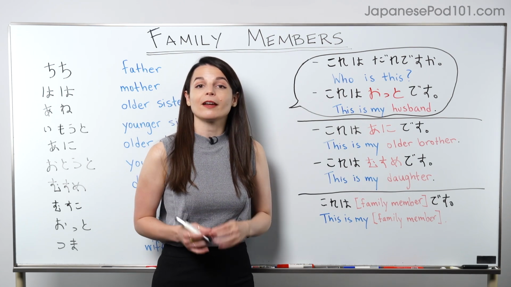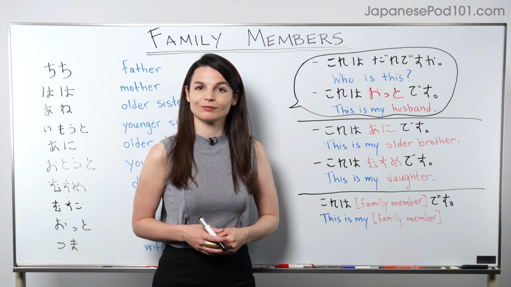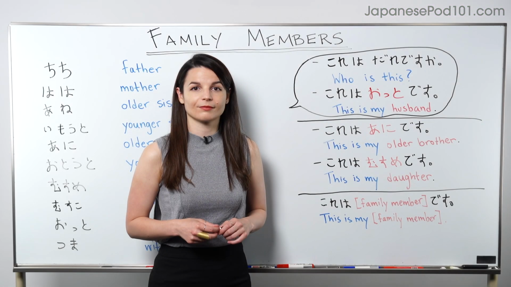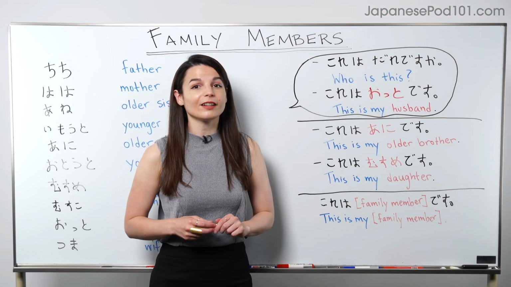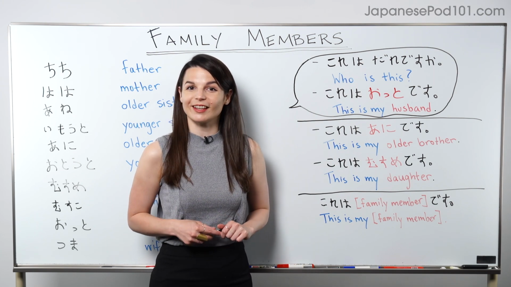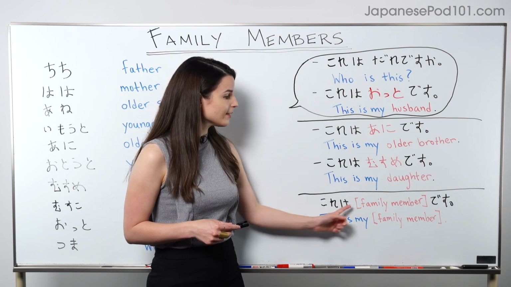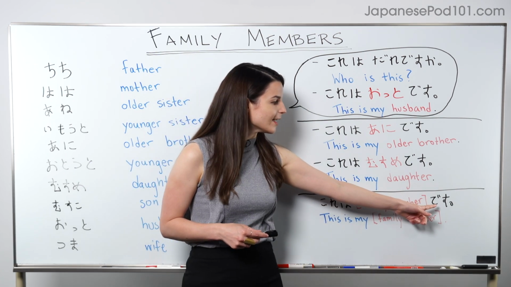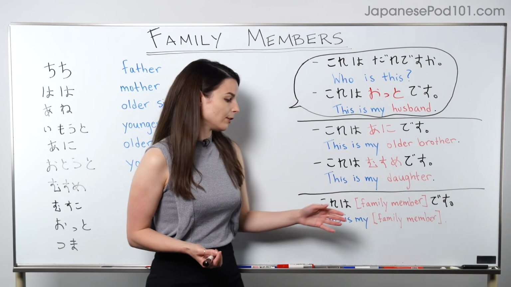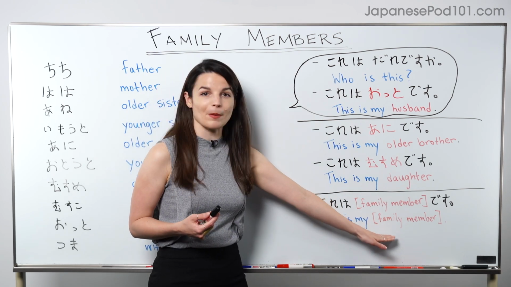Last, let's take a look at the basic pattern that you can use to create your own sentences like these. Here, we see これは plus family member です。This pattern creates this type of sentence: this is my family member.